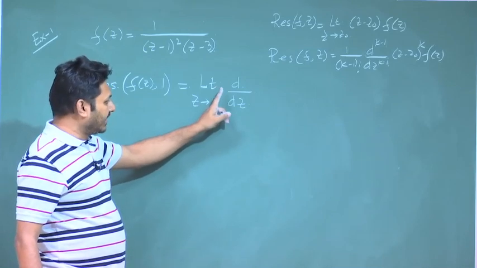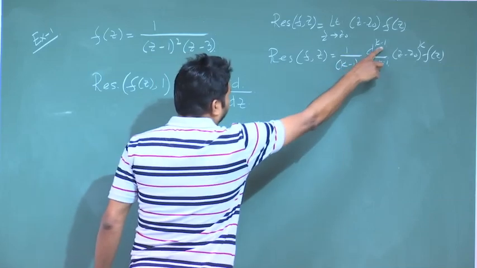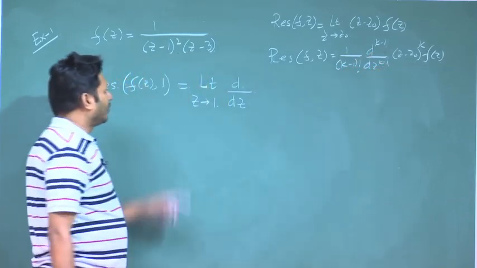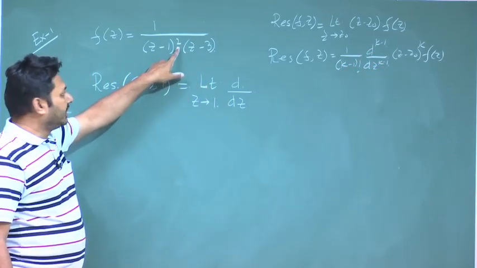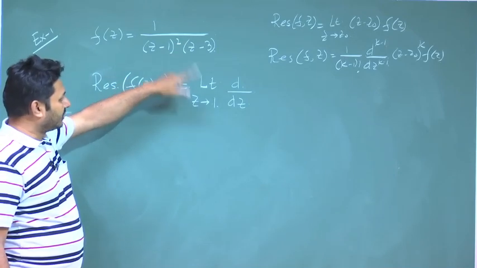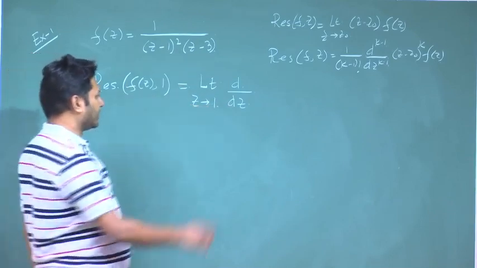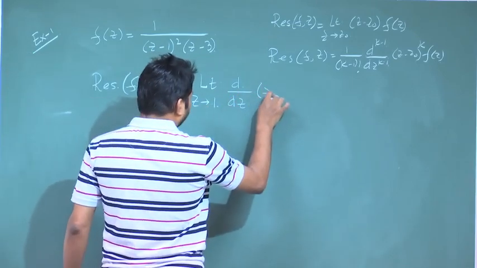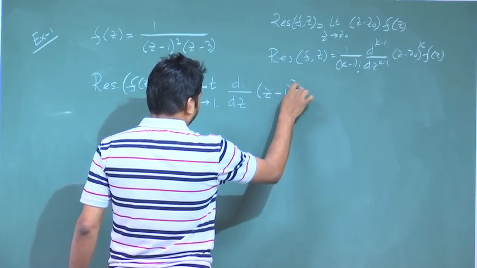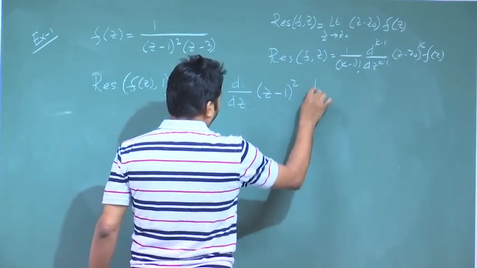So, here I will put 1. That is why I did not put anything, but it will be the first order derivative, because the order of the derivative should be k minus 1 if the singularity has a pole of order k. Here the pole is 2, so I need to take the derivative one less than that, the first order derivative. Which quantity do I need to differentiate? (z minus 1) multiplied by the function.